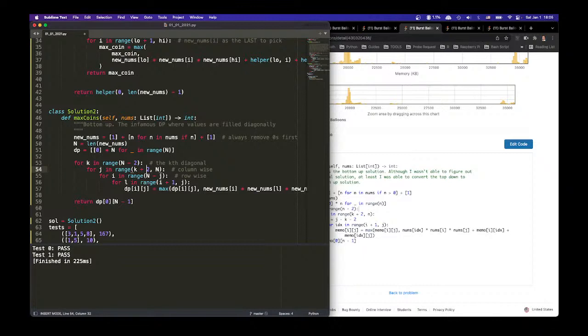To compute 0, 3, I need 0, 1, 1, 3, and 0, 2, 2, 3. I don't have 1, 3 because I haven't computed it yet.